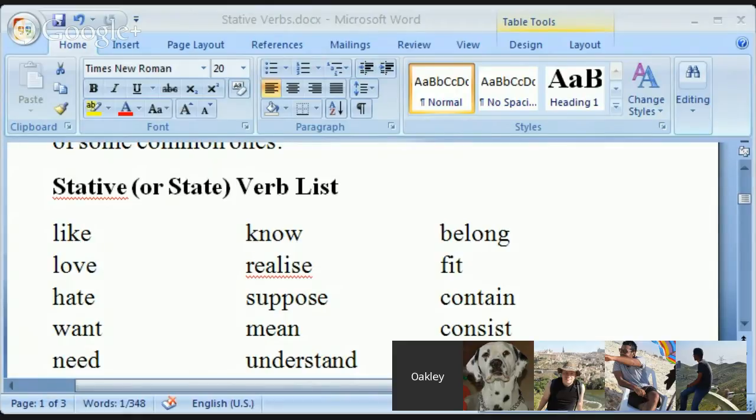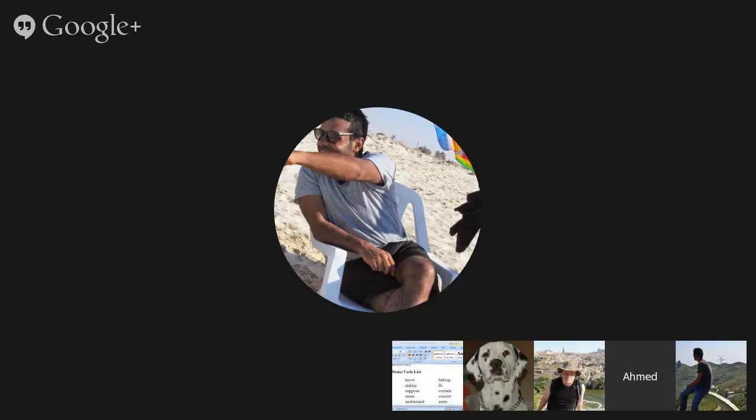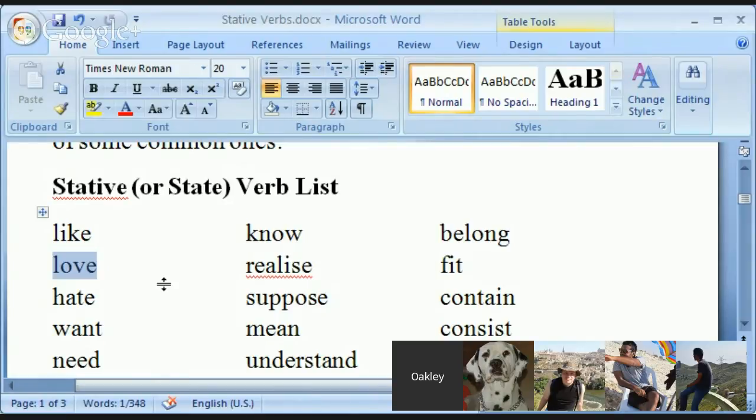Okay. Ahmed, let's move on. How about love? What do you think about love? Love, it's a stative verb and cannot be added with ing, only if it's a noun or an adjective. It works only as a noun or adjective, if we are going to use it with ing.